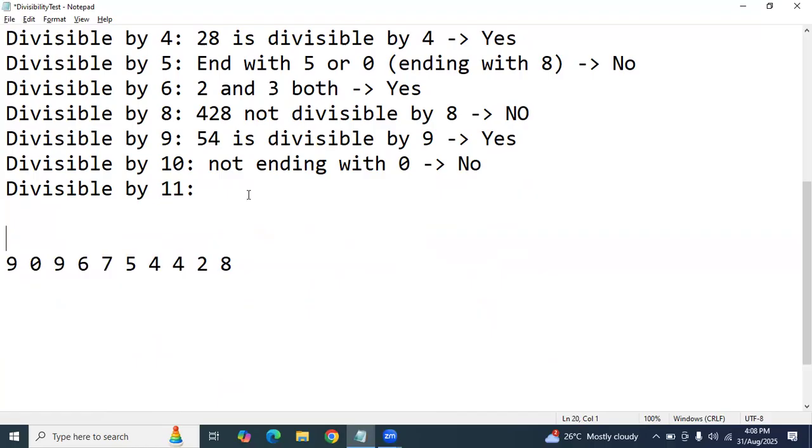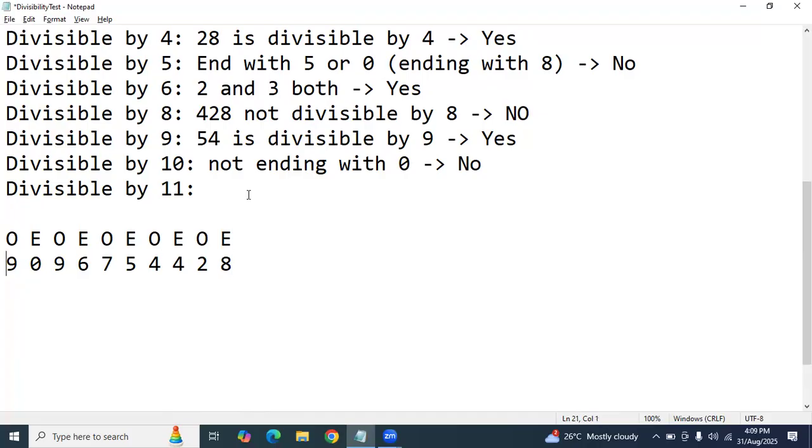When we say odd place, 9 is at first place, 0 is at second place. So the first place is an odd place, the third place is an odd place, fifth place, seventh place, ninth place. So let's just put odd or even: first place is odd, second is even, third is odd, even, odd, even, odd, even, odd, even.